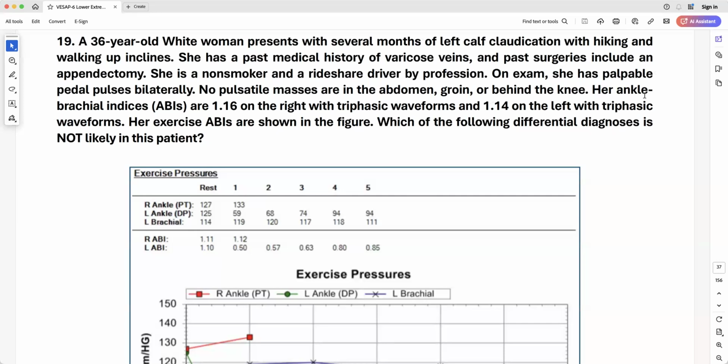On exam, she has palpable pedal pulses bilaterally, no pulsatile mass in the abdomen, groin, or behind the knee. Her ankle ABI is 1.16 on the right with triphasic waveform and 1.14 on the left with triphasic waveform. Her exercise ABI is shown in the figure. Which of the following differential diagnoses is not likely in this patient?